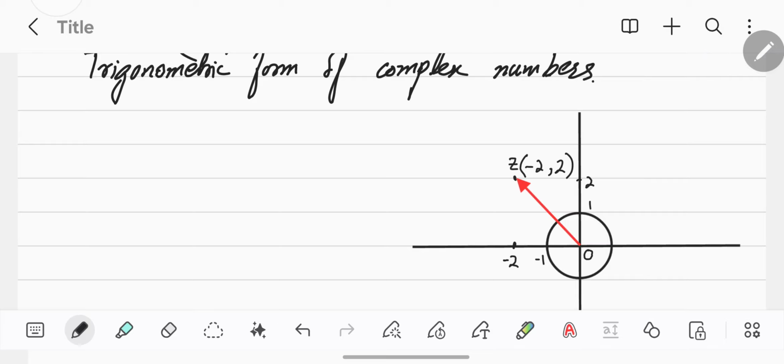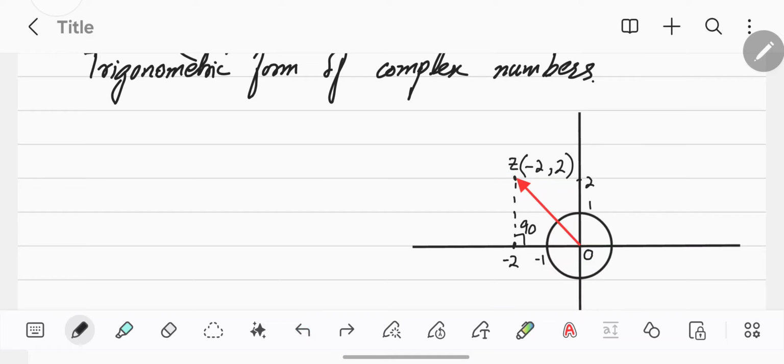An easy way to do that is to draw this triangle. This is a right triangle. You can see this is the 90-degree angle.